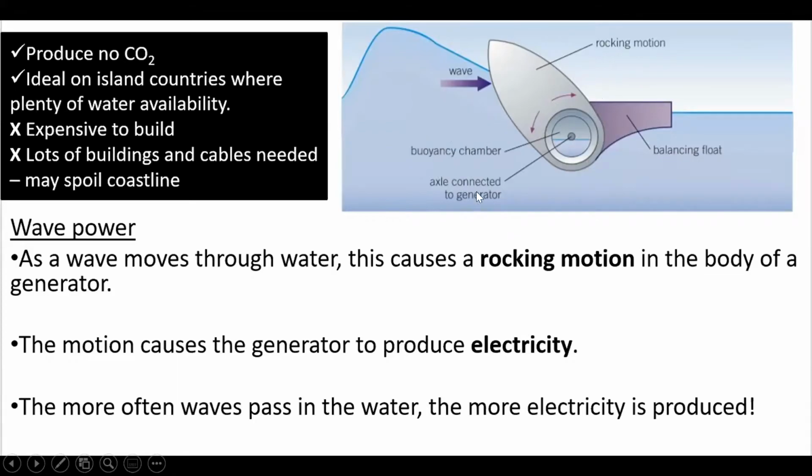It's all on an axle connected to a generator, so it's got a generator in it that, when it's moved around, creates electricity. The motion creates electrical current in the generator. So it doesn't spin around; it rocks as the waves come in. You can imagine a little rubber duck sitting on the ocean, bobbing up and down, doesn't it? It rocks. It's the same principle.